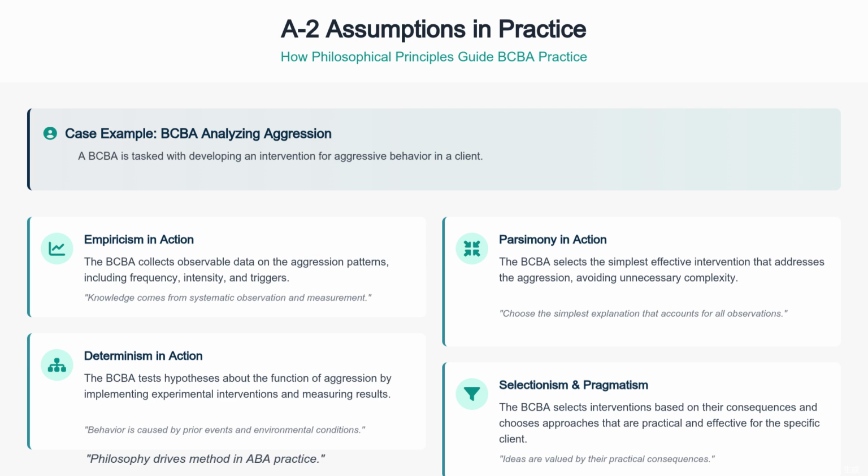We observe, measure, and record before we decide. Parsimony reminds us to start with the simplest explanation that fits the facts. Selectionism tells us that behaviors evolve through consequences, just like organisms through natural selection. Pragmatism keeps us grounded. If it works and helps the learner, it matters. In practice, this philosophy translates to one mindset: follow the data and stay functional.